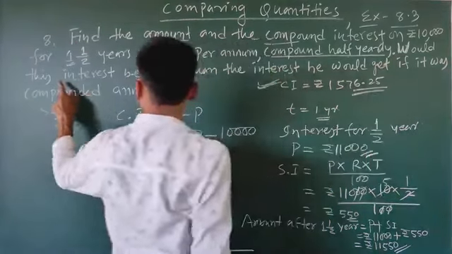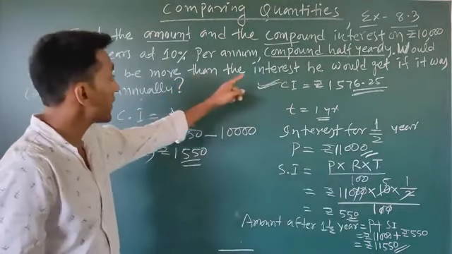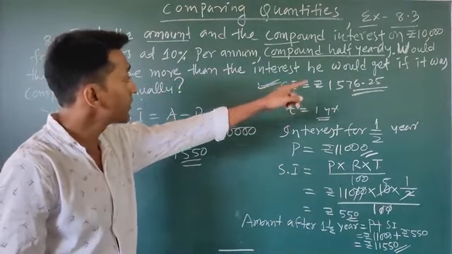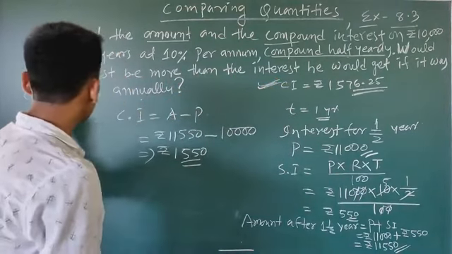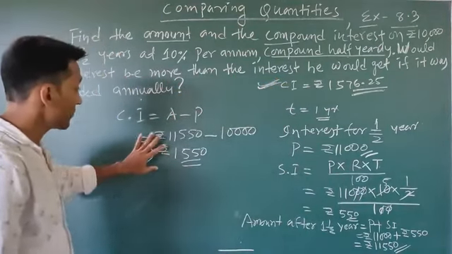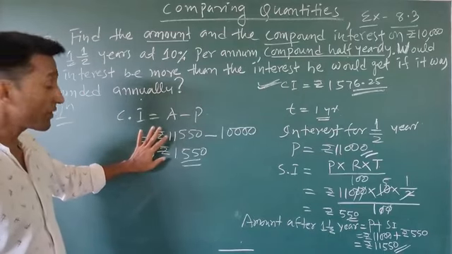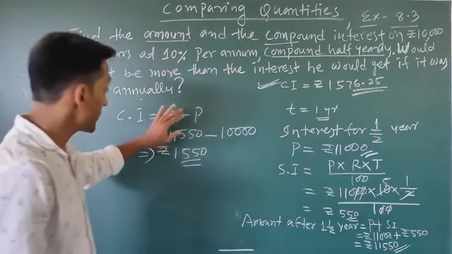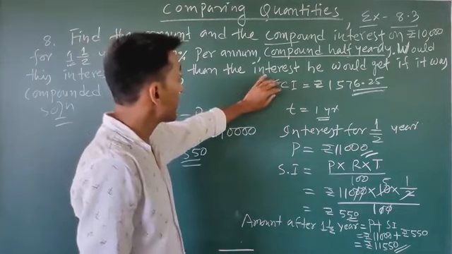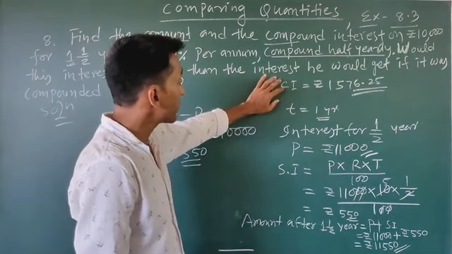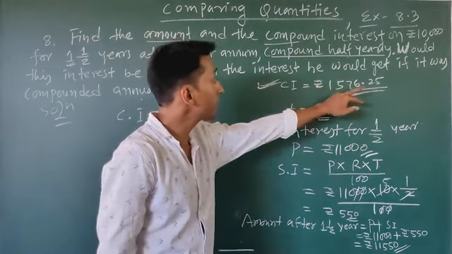So what is asked in your question? Would this interest be more than the interest he would get if it was compounded annually? When compounded annually, we get interest 1,550. When half yearly, the interest is 1,576.25.